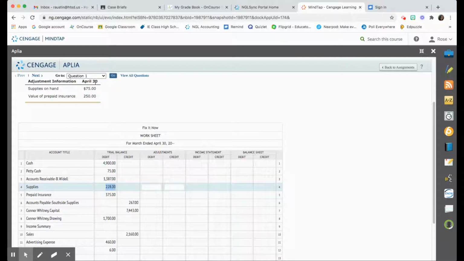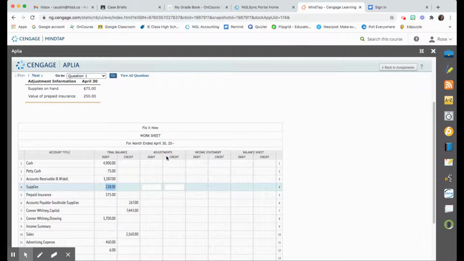Well, now at the end of the month, having been in business for a month, you have obviously used supplies while you were operating your business. So the supplies value has gone down. All right, so we started out with 228 and we ended up with 75. And if you subtract the $75 ending balance from the $228 beginning balance, you're going to see that you used $153 worth of supplies.